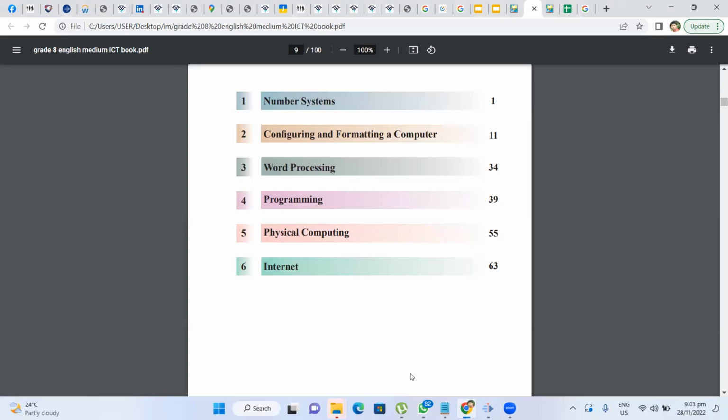In the programming lesson, we are going to learn how to give instructions to a computer, our own instructions.